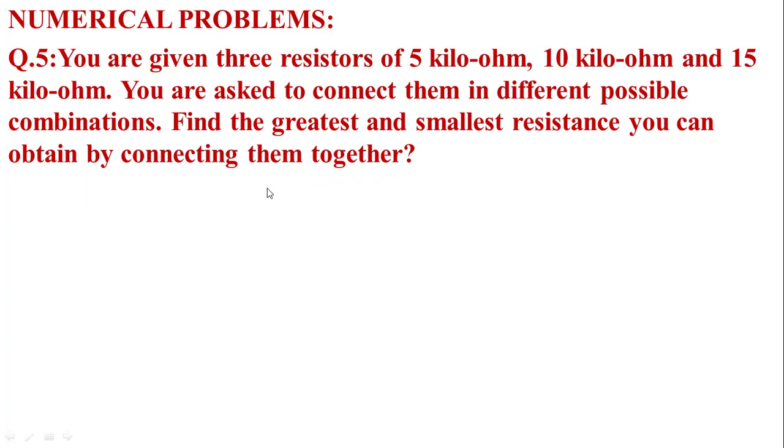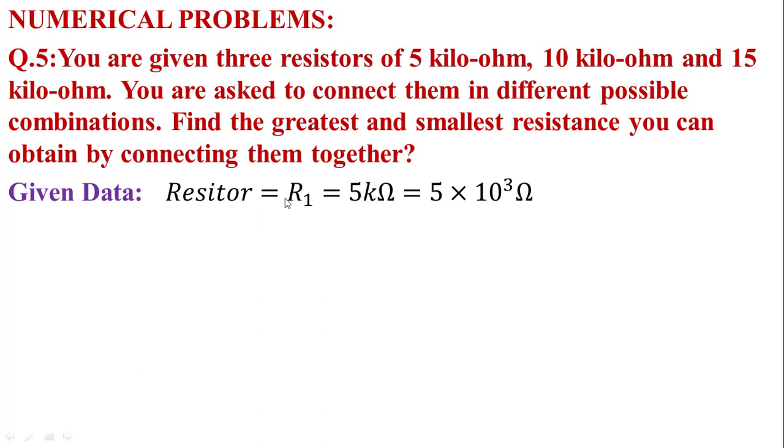First of all, according to the statement, write the given data. Resistor R1 is equal to 5 kilo ohm. 5 kilo ohm is equal to 5 multiplied by 10 raised to power 3 ohm. Here 1 kilo is equal to 10 raised to power 3.